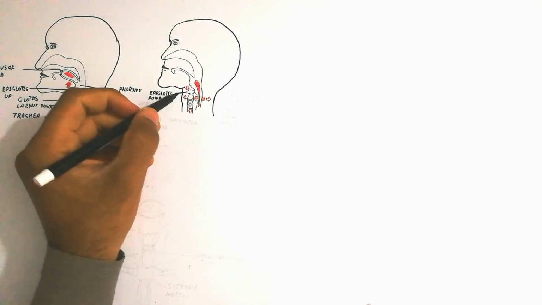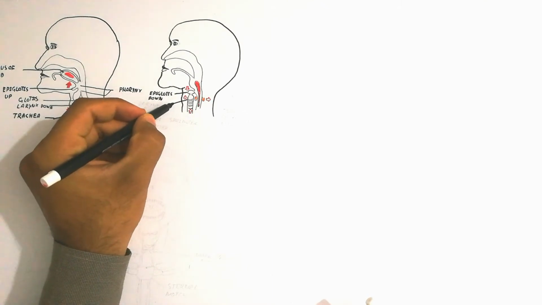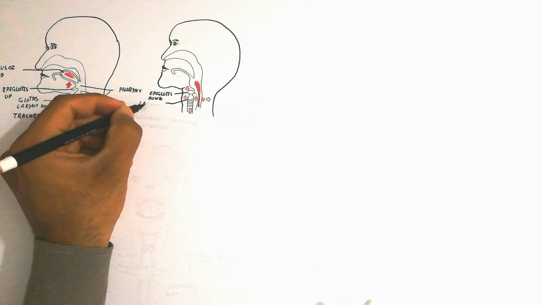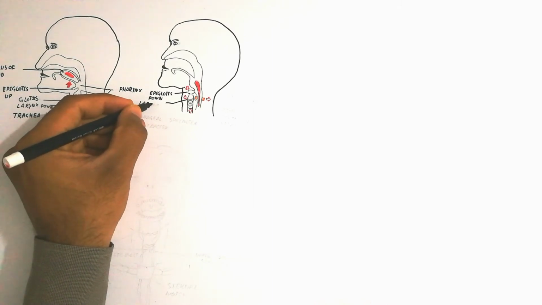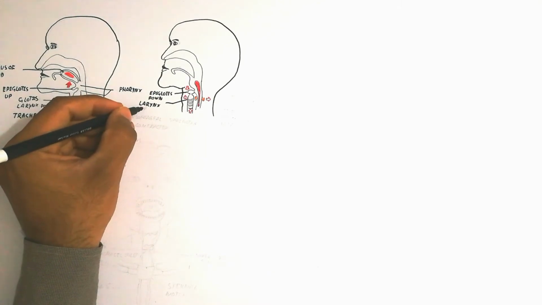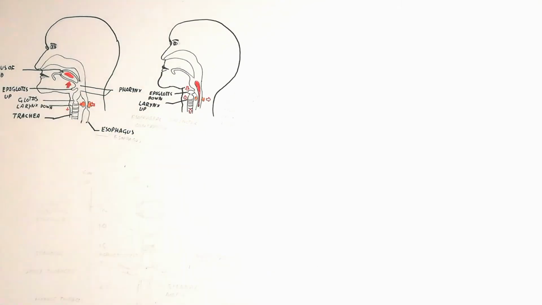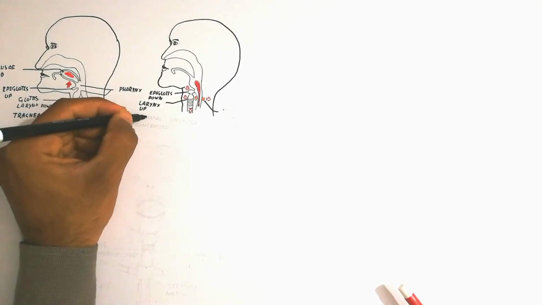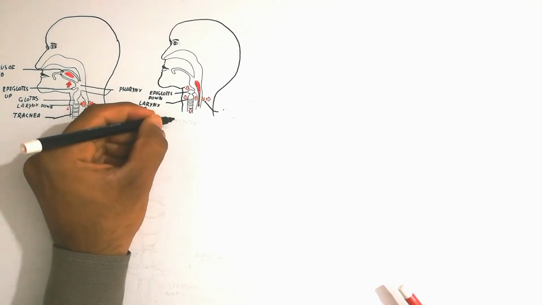That's important. The epiglottis is down, the esophageal sphincter muscle is relaxed, and the esophageal muscle relaxes to let the food enter the digestive tract, known as the esophagus. The esophagus will go inside.